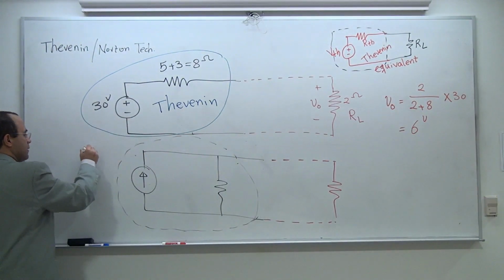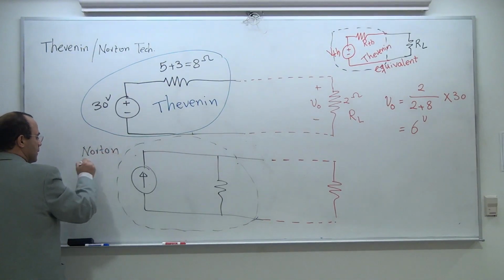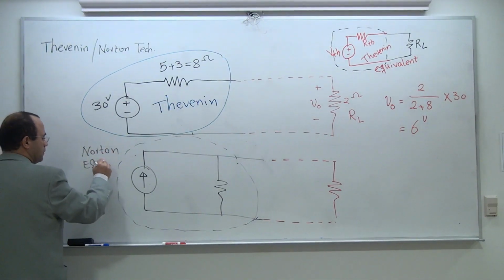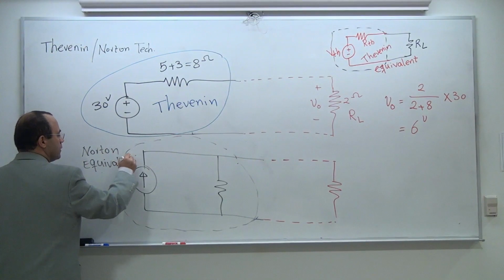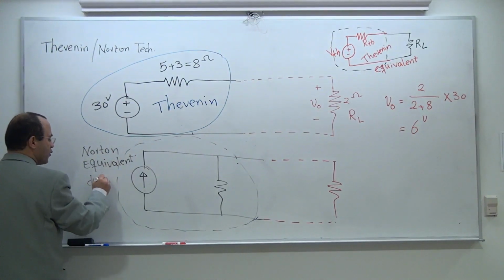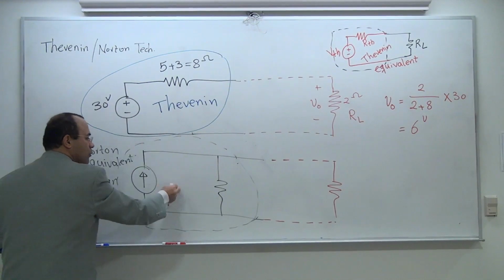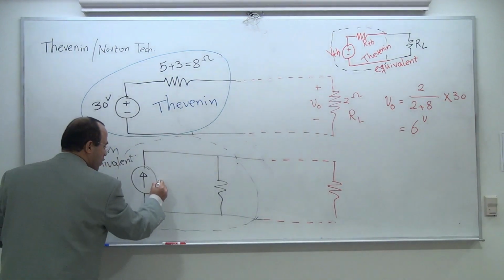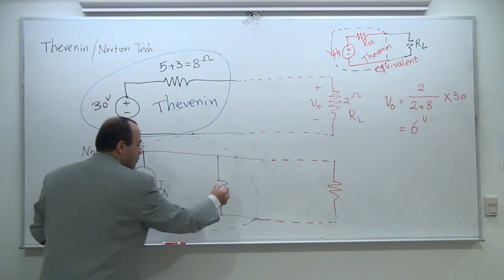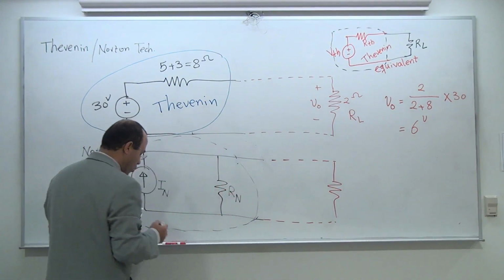This is the Norton equivalent design. We already know from the source transformation technique that if I know Thevenin, I can get my Norton. I'm going to call this I of Norton, and I'm going to call this R of Norton.